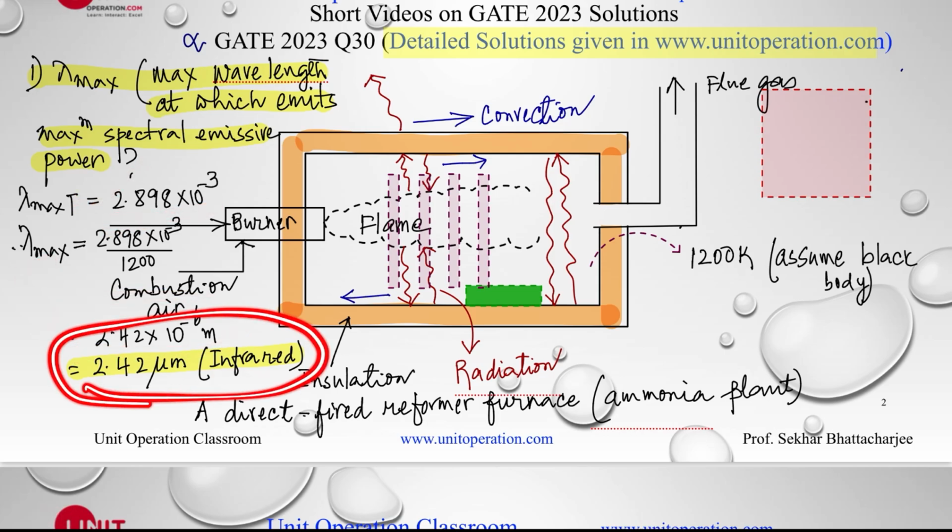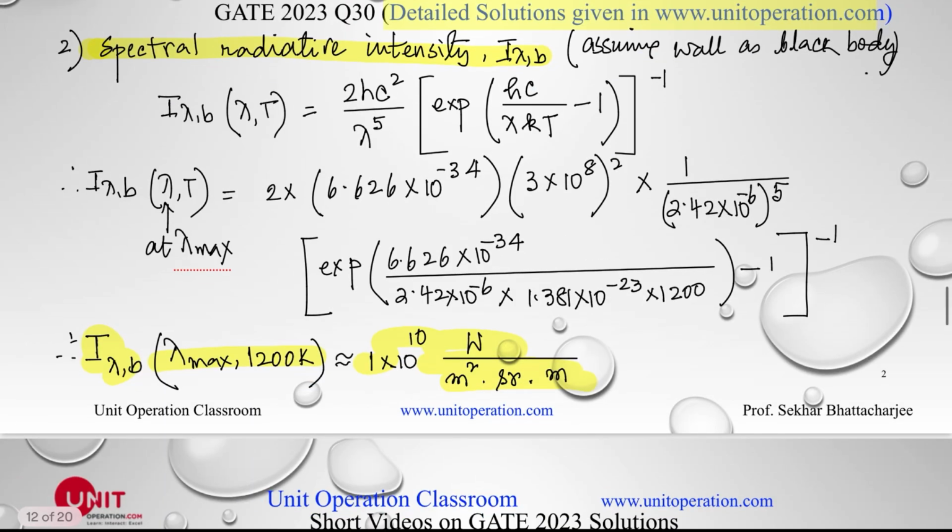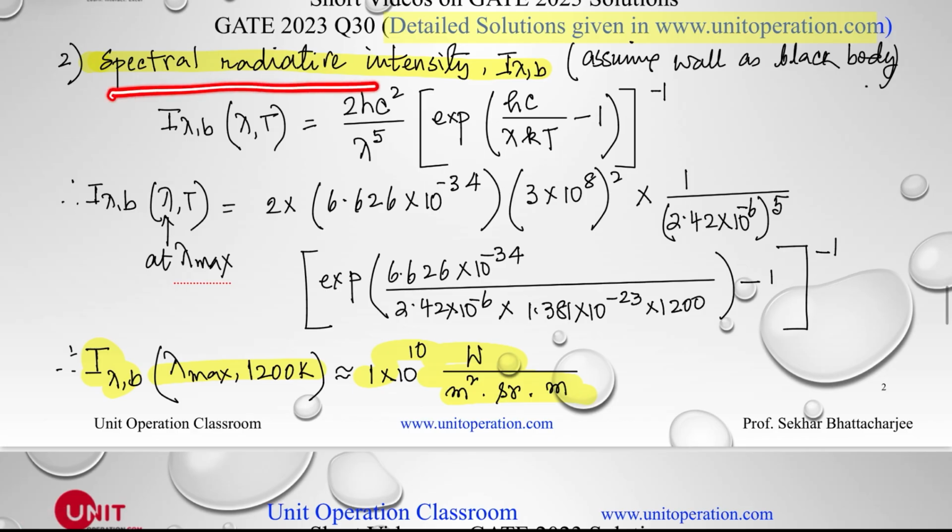So this is in the infrared region. Second is the spectral radiative intensity, I lambda b.